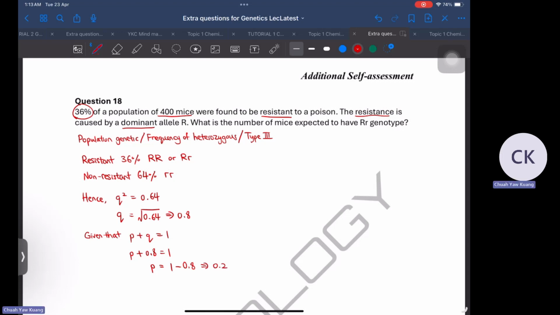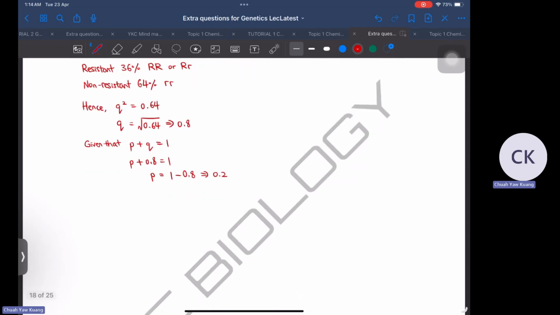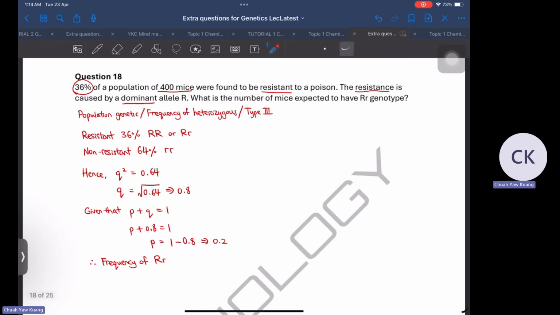Once we know P and Q, we can find the frequency of the heterozygous, because this is what we want to find. The question is asking for the heterozygous genotype.